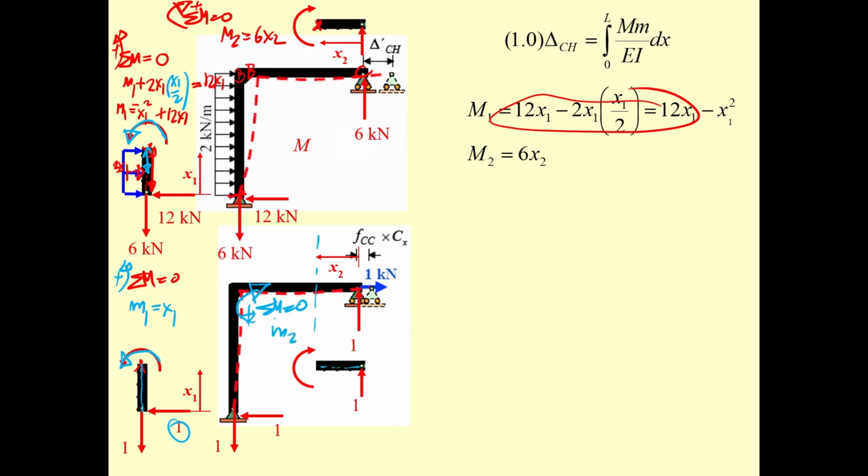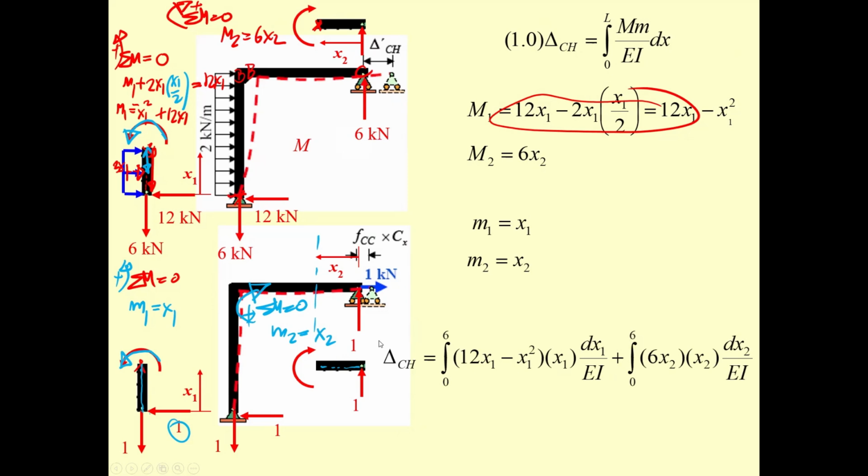Small m2 is going to be equal to 1 half x2, and then you get this one, and do the integration again. I don't know whether you use the calculator to do the integration or not, but I think that's going to help. Okay, and if you don't like it, you can do the manual integration. You get the result, and it is positive.